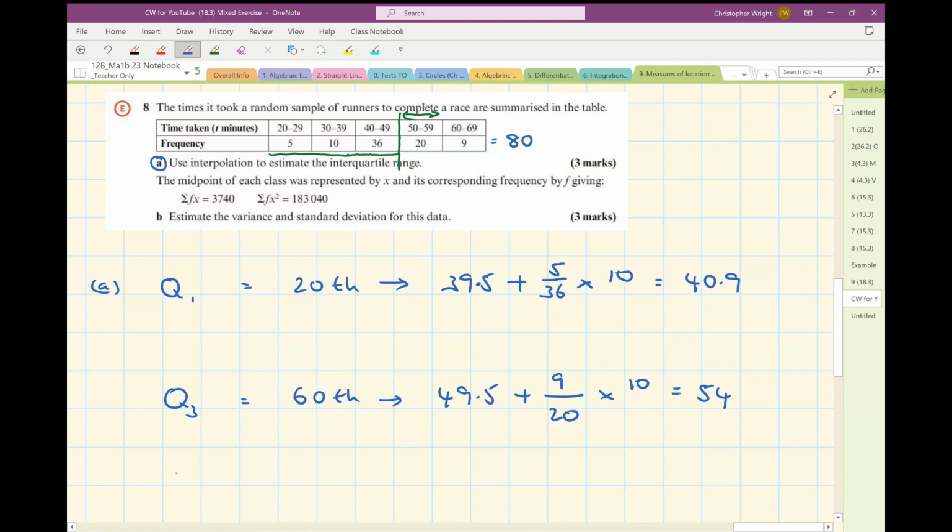So hence my interquartile range will be 54 minus 40.9, Q3 minus Q1, gives me an interquartile range of 13.1. Right, now I'm going to delete all that so then I can see the question to do part B.